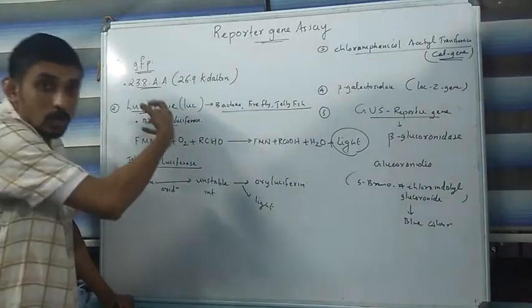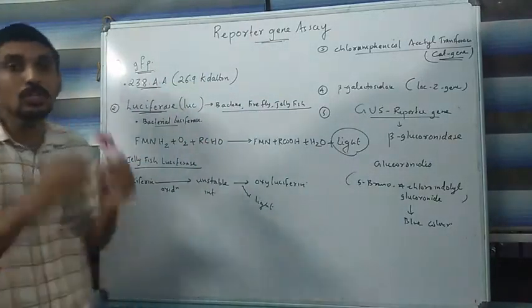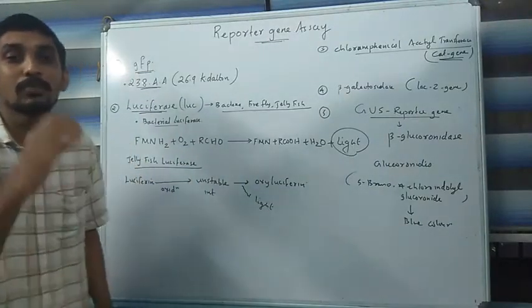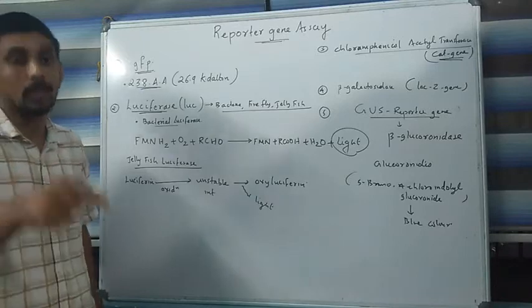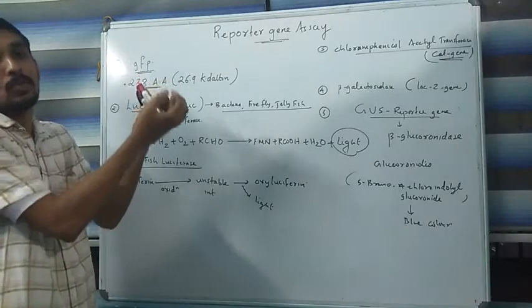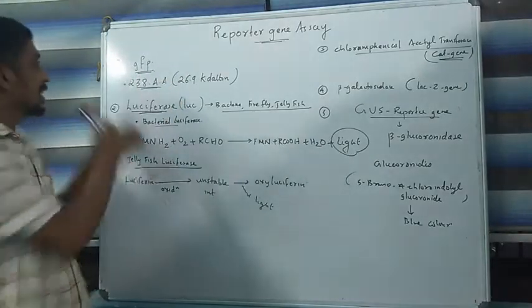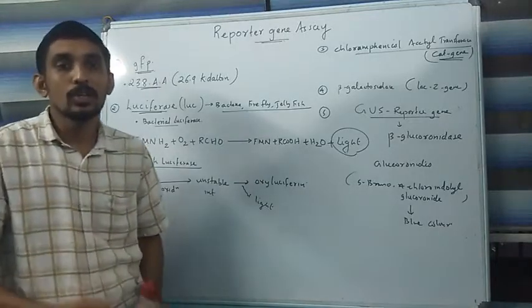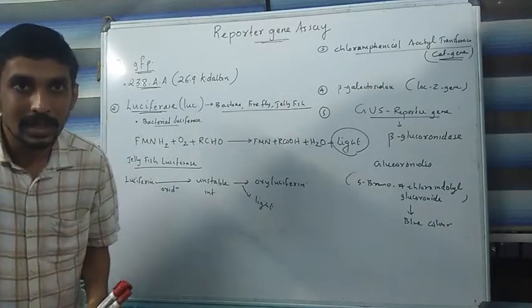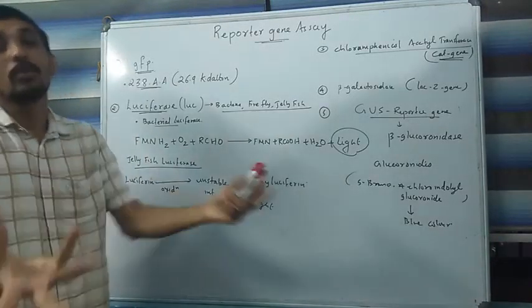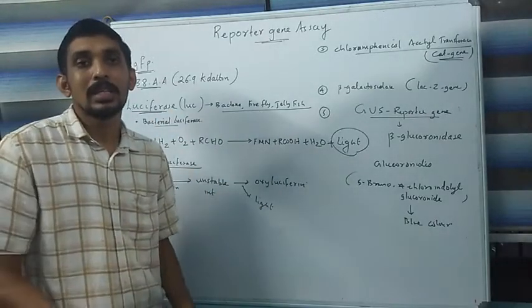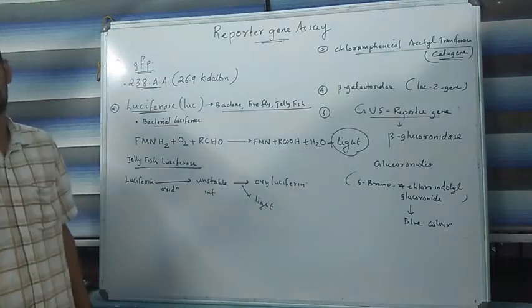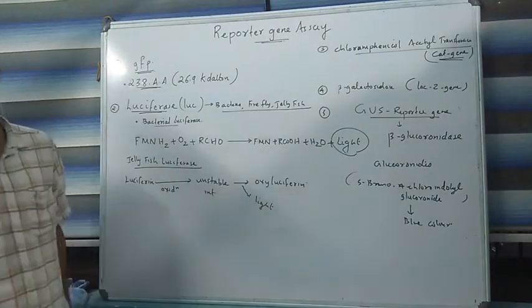After absorbing that wavelength, it shows fluorescent property in the form of green light. That is why it is called green fluorescent protein. So after absorbing UV light, this GFP protein gives green color fluorescence.